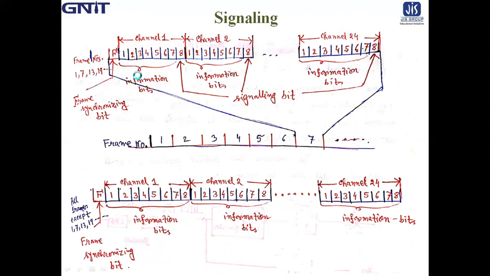So if it happens in frame number 1, then next it happens in frame number 7, 13 and 19. So in every 6th frame, the first 7 bits are the information bits and the last bit, that is the LSB part, is the signaling bit.